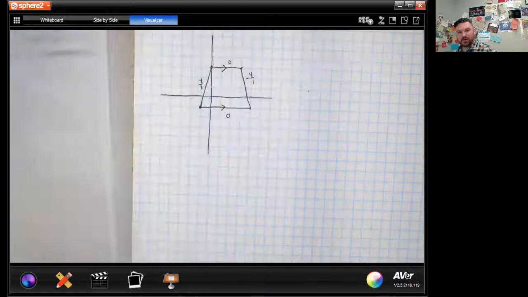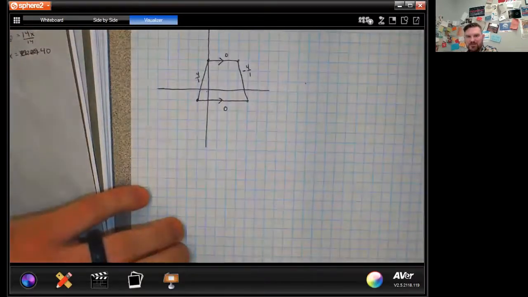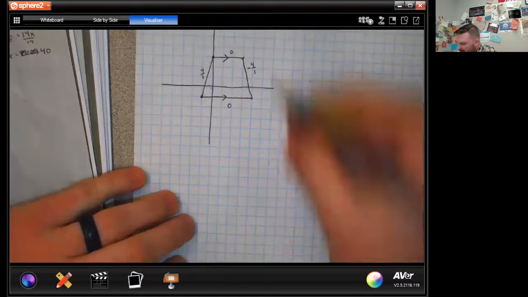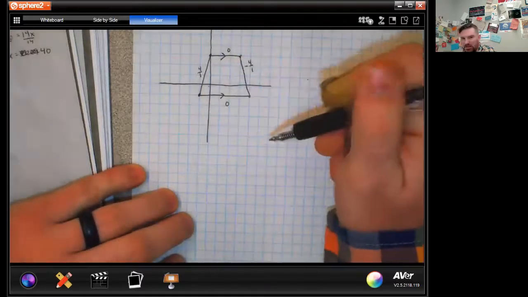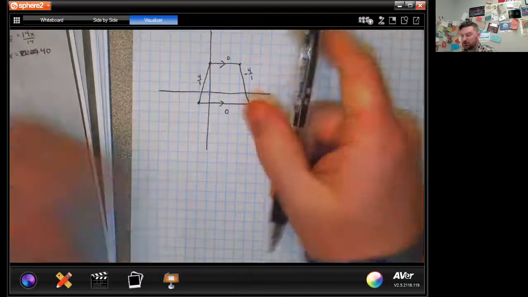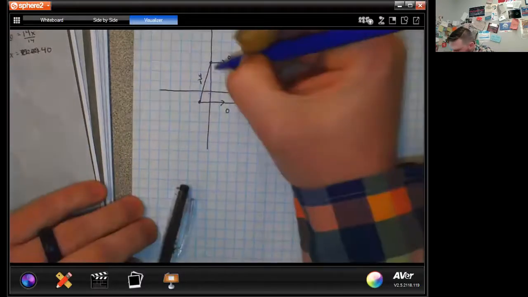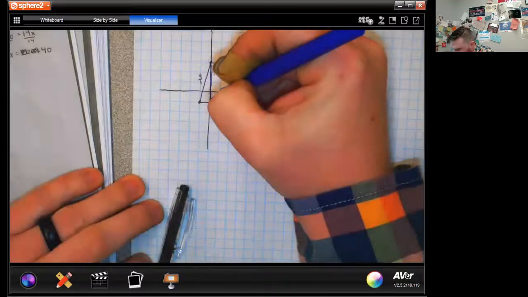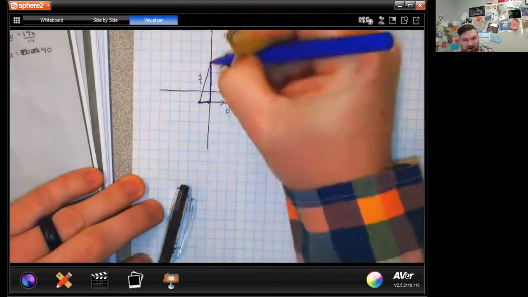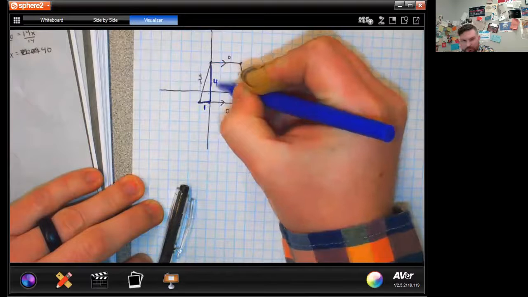Okay. But let's look to see if it's an isosceles trapezoid. If it's an isosceles trapezoid, these sides will be the same length. Well, I don't have to do a ton of math to know that they do have the same length. If I create a right triangle right here, where this is the hypotenuse, this side is 1 and this side is 4.